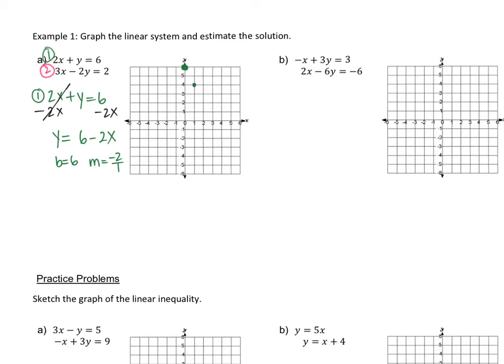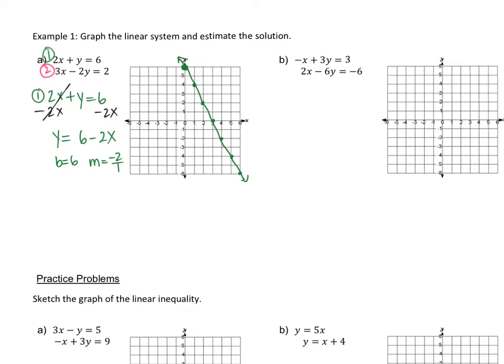I'm going to do this multiple times so that my line is accurate and it also helps me see where it intersects. So I'm going to go down 2 and over 1 until I have all the points covered. Usually we only need to graph 2 points, but in this case, try to graph all the points so you can make this line as accurate as possible when you try to find an intersection.